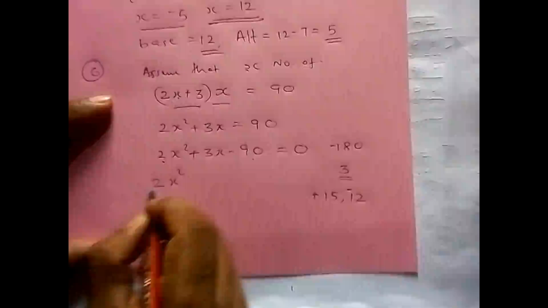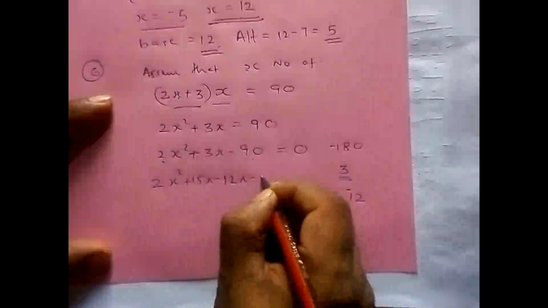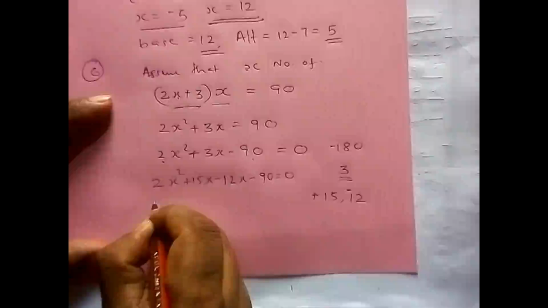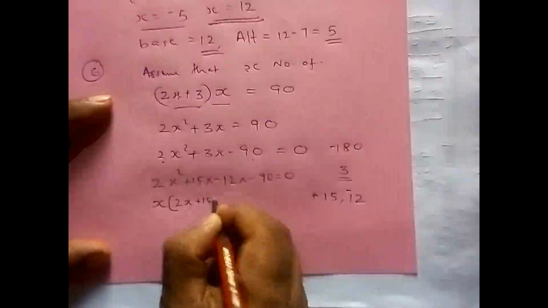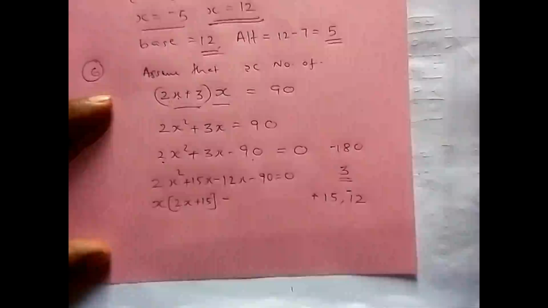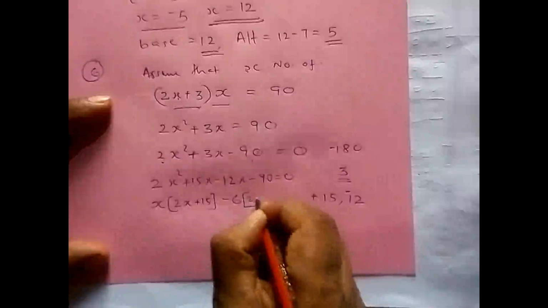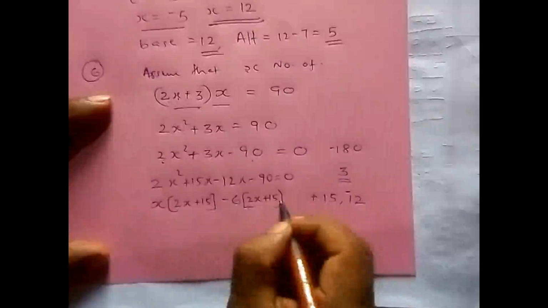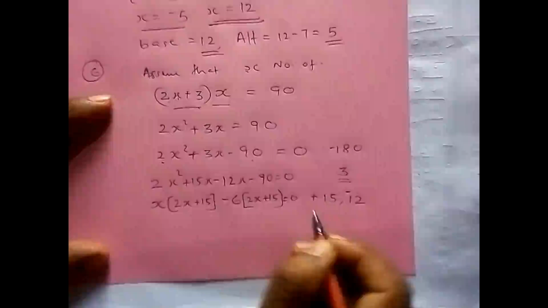So we have 2x square plus 15x minus 12x minus 90 equal to 0. x into 2x plus 15, minus 6 I can take outside, 6 into 2x plus 15, since minus 6 into 15 is minus 90, equal to 0.